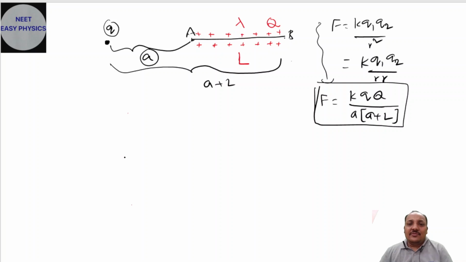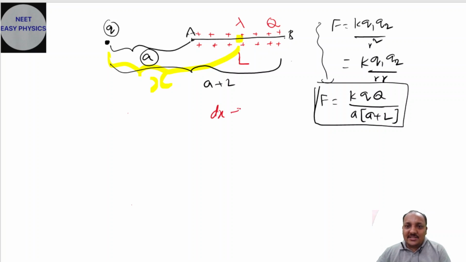But generally, if you want to do it, it will be a little bit lengthy. On this charged wire, we will take a small portion. The small portion is at a distance x. The small portion length is going to be dx.